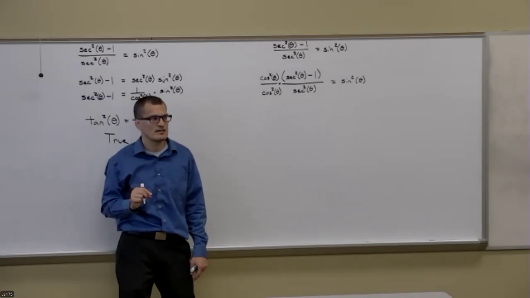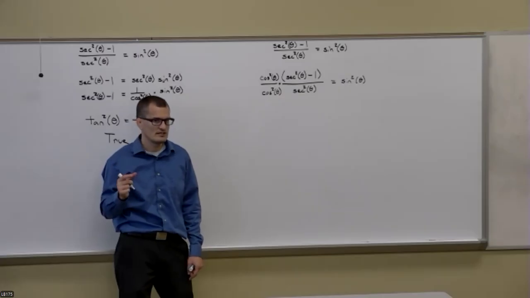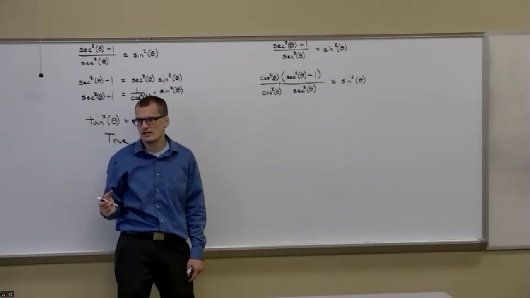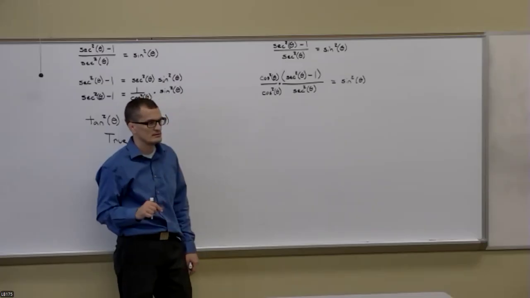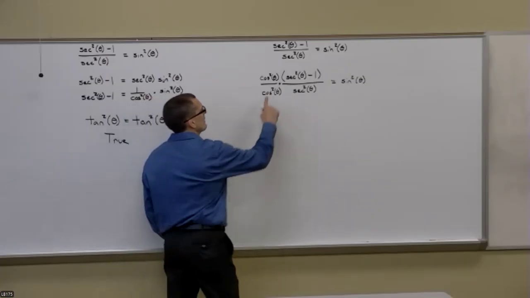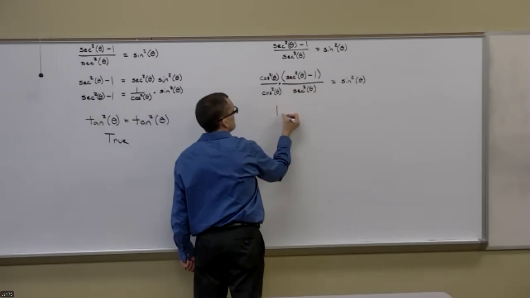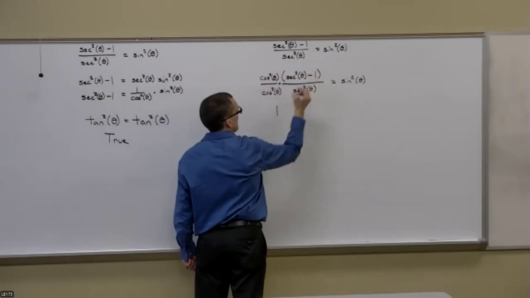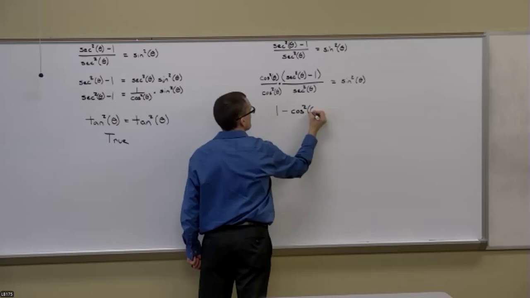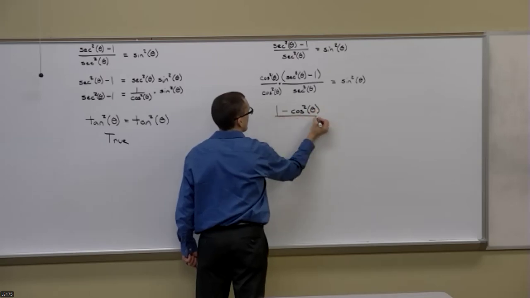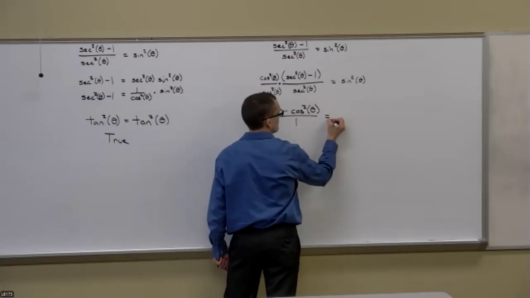You guys understand why? Secant is the reciprocal of cosine. So cosine squared times secant squared gives me 1. Cosine squared times minus 1 gives me minus cosine squared. And that's going to be all over 1, which I could leave off if I wanted to.